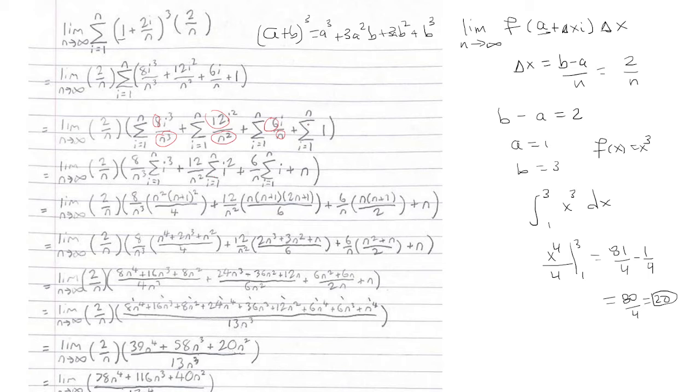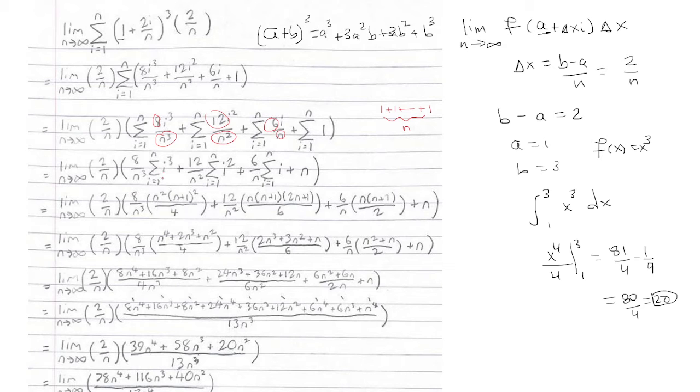And the last one, you're summing up 1 from i equals 1 to n. When i equals 1, you get 1. When i equals 2, you get 1. All the way up to i equals n, you get 1. So you're adding 1 n times. That's just n, so this is correct.